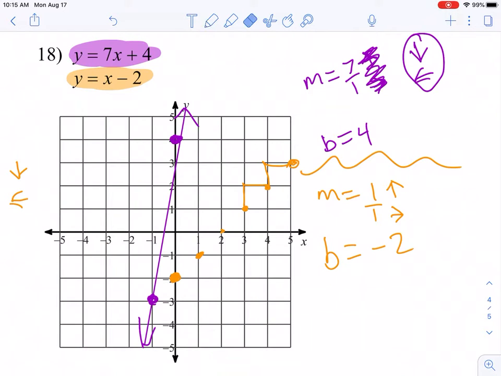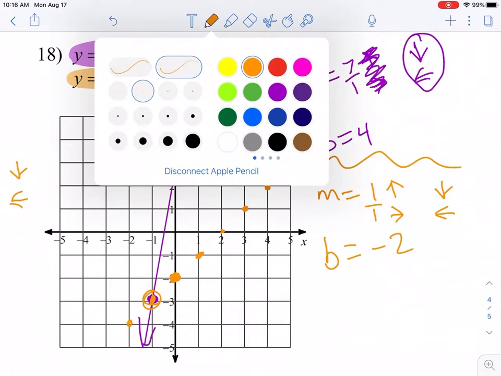So even though I did all that work, my points don't overlap. But what can I do? Well, I could also do the exact opposite, right? So I can go down and left, which means if I go down 1, left 1, oh, there we go. Down 1, left 1, my points overlap. So this is my solution right here. And so we're going to write an ordered pair.